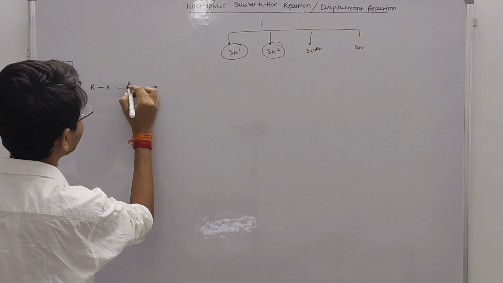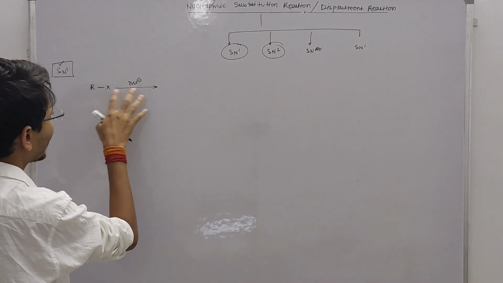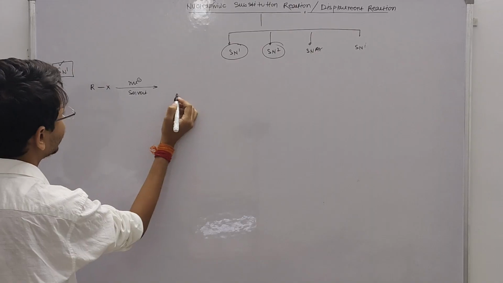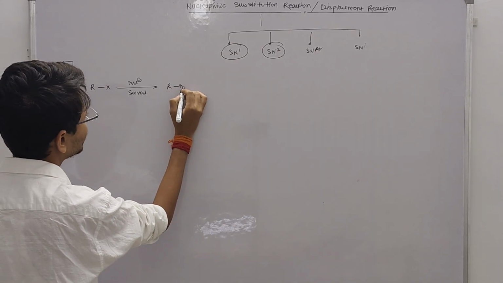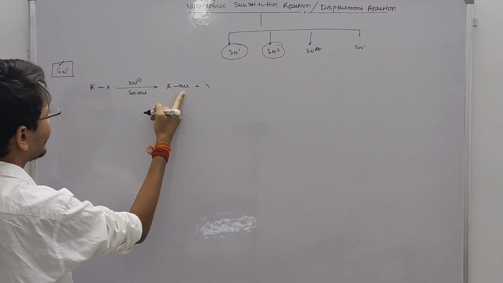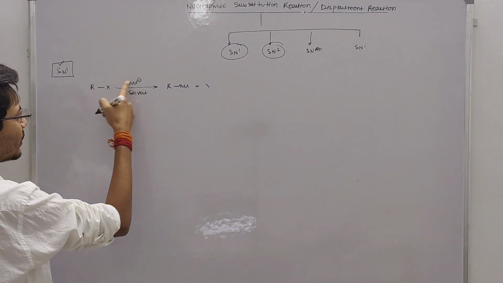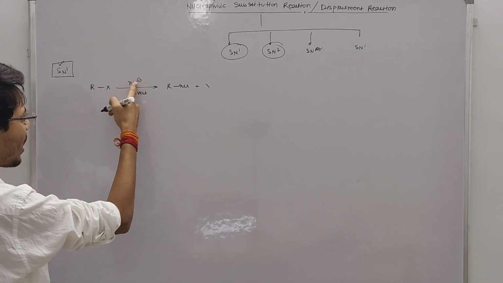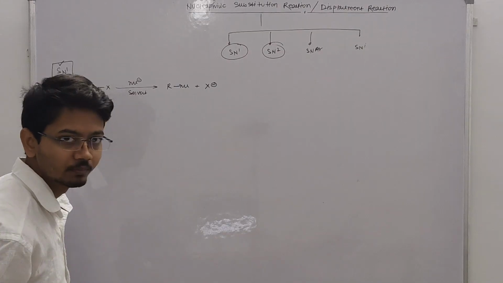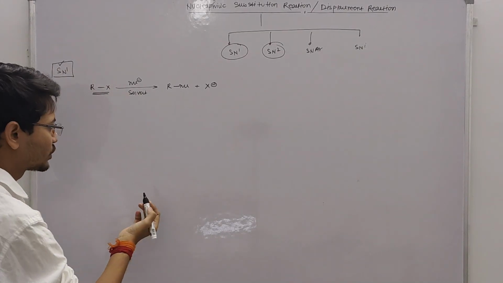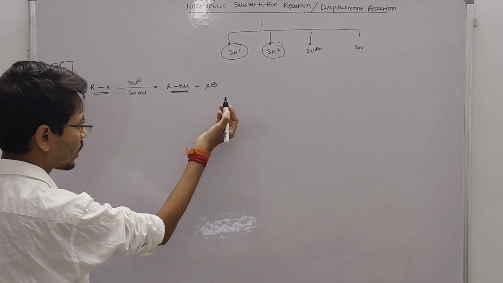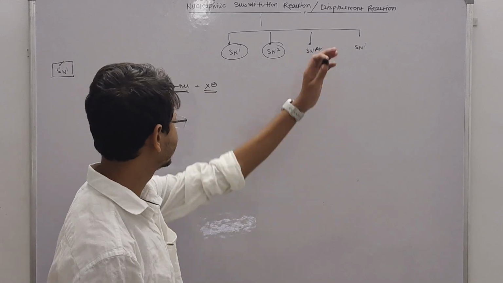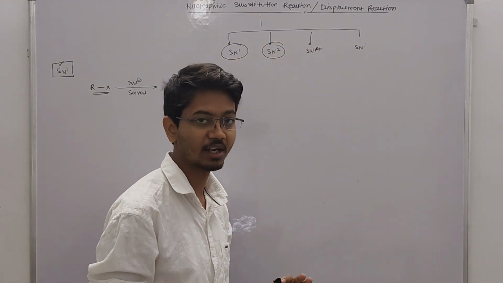You are reacting this substrate with this nucleophile in presence of solvent, and the nucleophile makes a bond with R and X leaves as a leaving group. This is your substrate or reactant, this is your product, this is your leaving group, and this is your nucleophile. This is the general scheme of SN1 reaction.